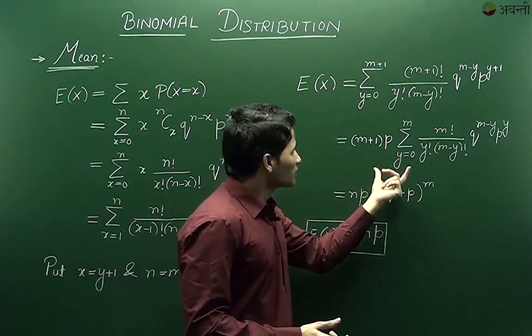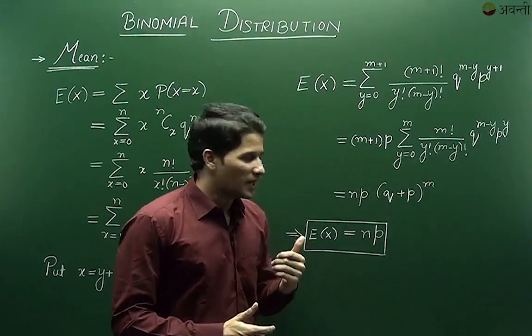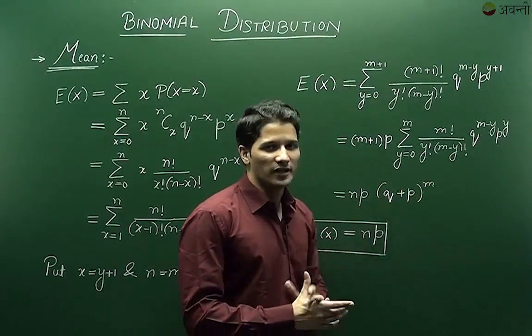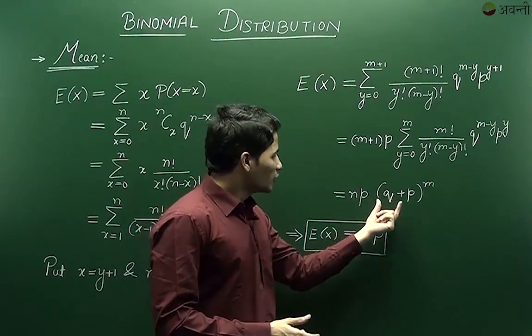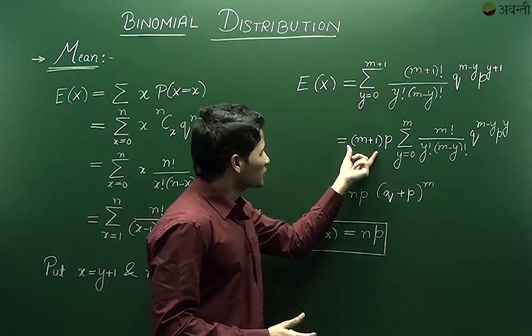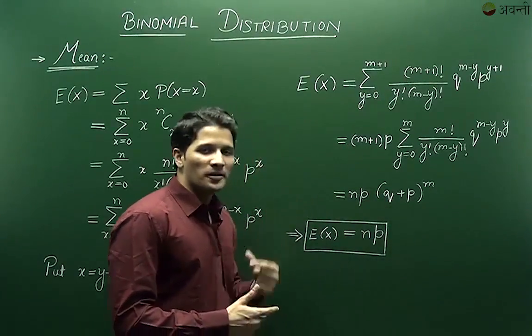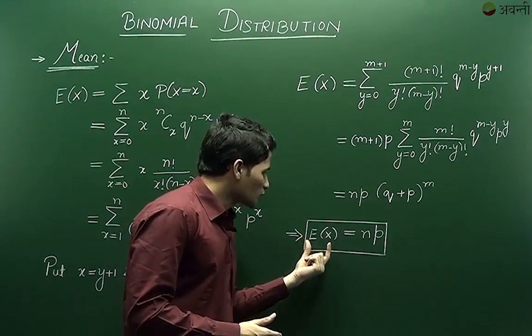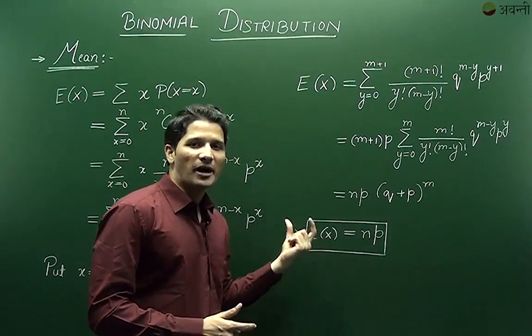If you look here very closely, this is nothing but binomial expansion of (q plus p) raised to power m, and we know that q plus p is equal to 1, so this becomes simply 1, and this m plus 1 is nothing but n. So finally we obtain the expression E(X) equals np, and this is the mean of binomial distribution.